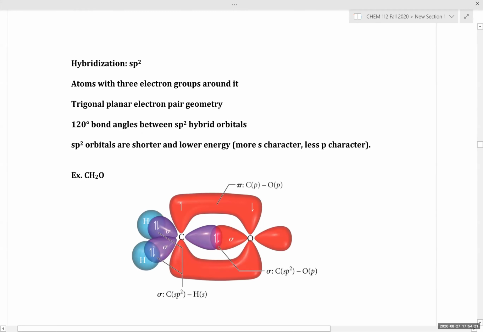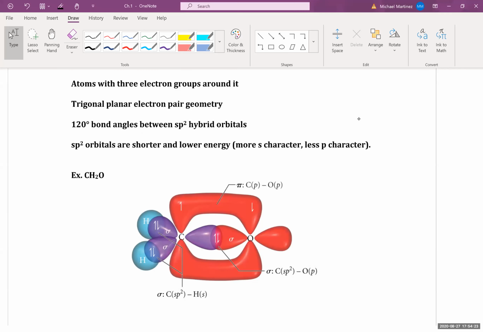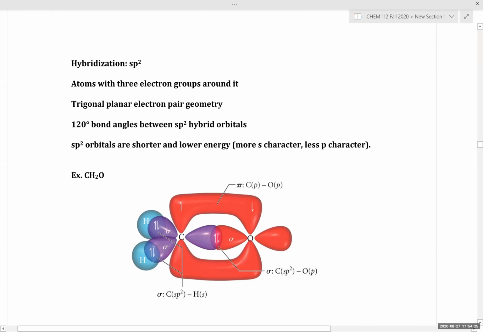So the sp2 hybridization occurs when we have atoms with 3 electron groups. It is directly associated with the trigonal planar electron pair geometry. For sp2 hybridization, we have 120-degree bond angles.